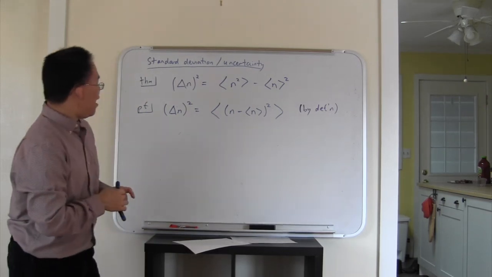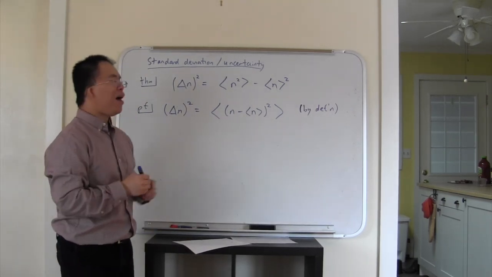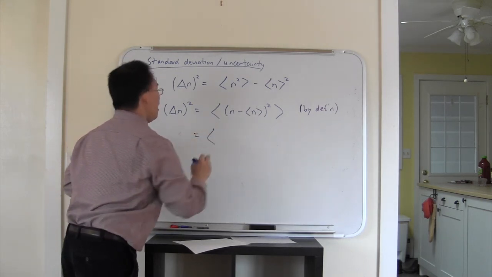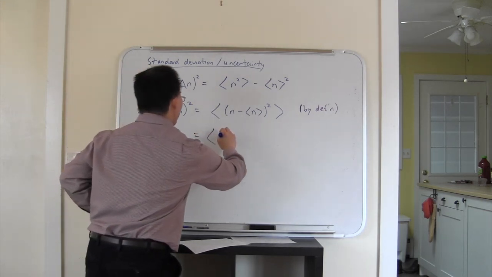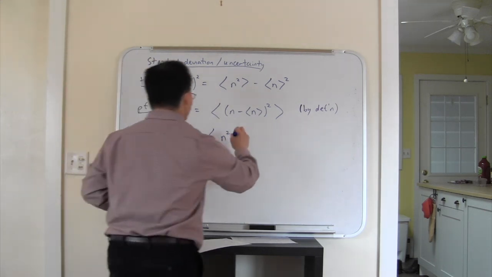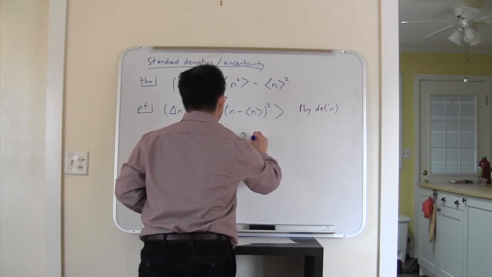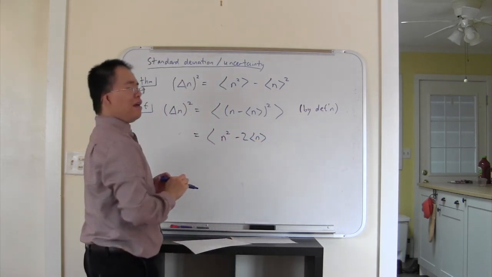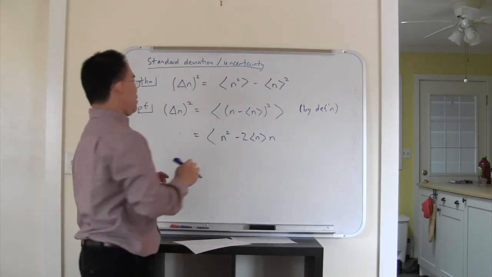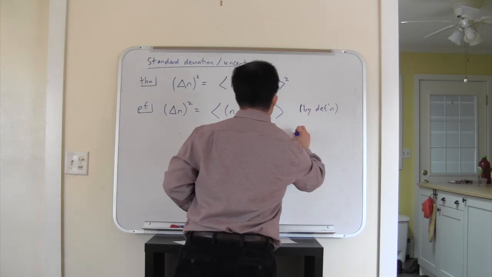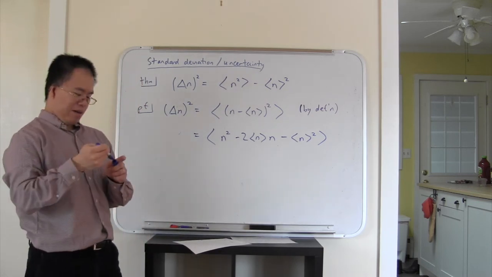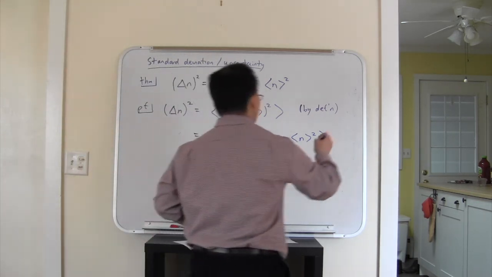So if I go and multiply this all out inside the averaging brackets, so if I FOIL this, I get n squared. I get my cross term, so I have a minus 2 times the average value of n times n. And then I have minus the average value of n, squared. So this is multiply out.